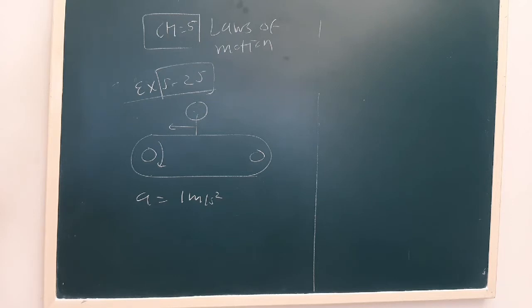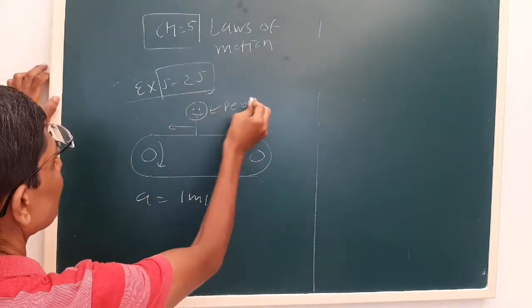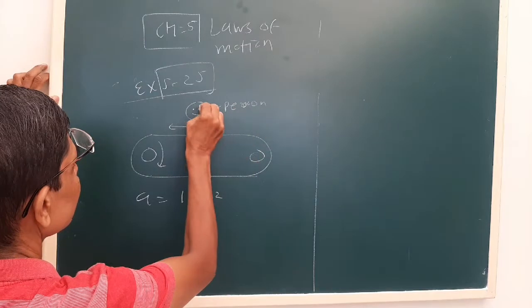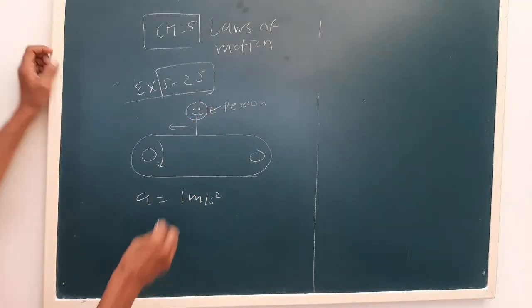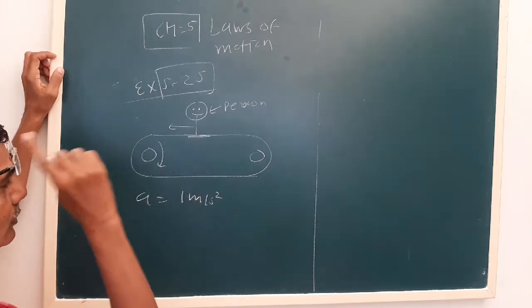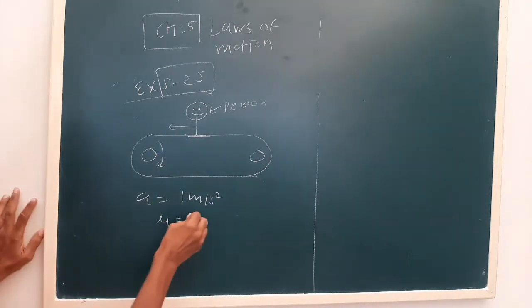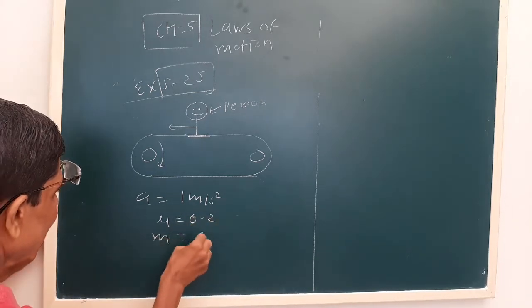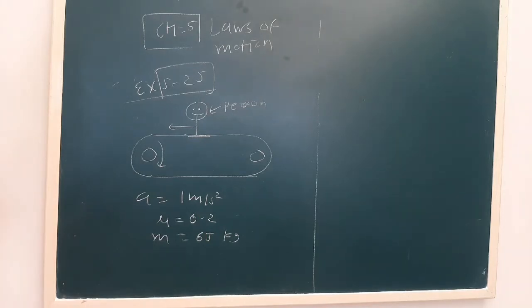A person is standing stationary. The coefficient of friction between the surface of the roller and the shoes is given as mu equal to 0.2. The mass of the person is 65 kg.